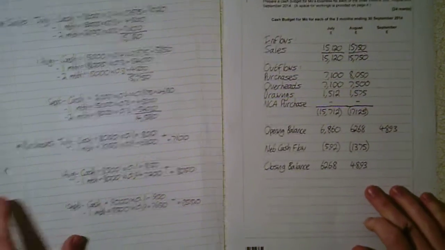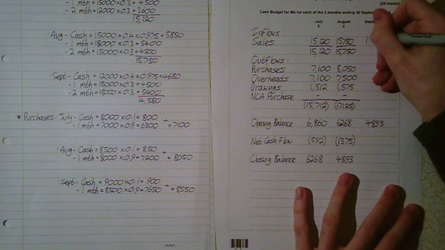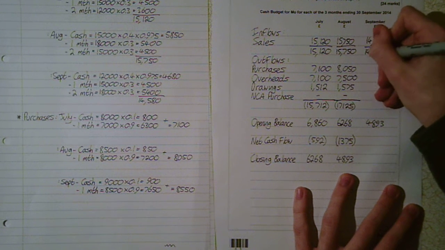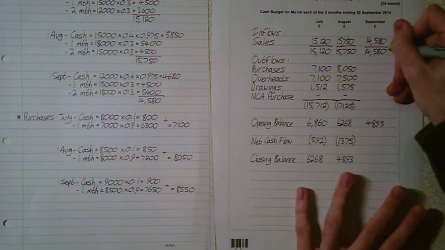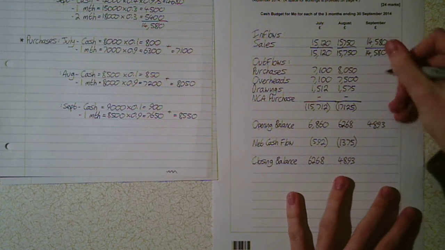4893. Okay, so sales in September, 14,580. The only inflow, so our total inflows are 14,580 for September. Purchases in September, 8,550.